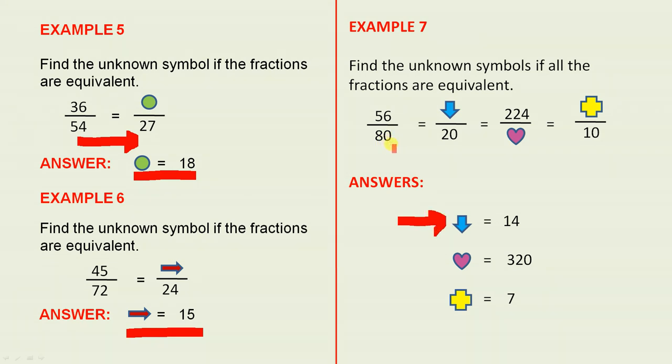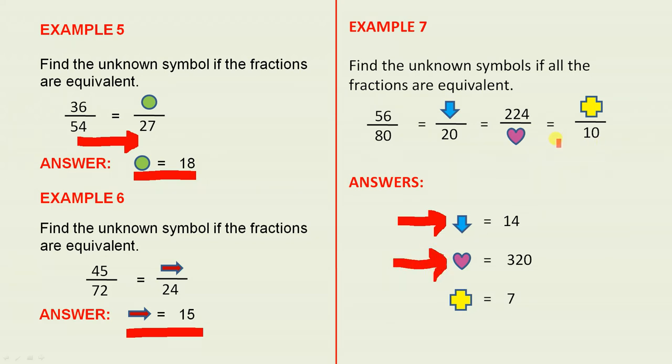Now we'll go from here right across to here. 56 multiplied by 4 gives you 224. 80 multiplied by 4 gives you 320. So the heart is 320.